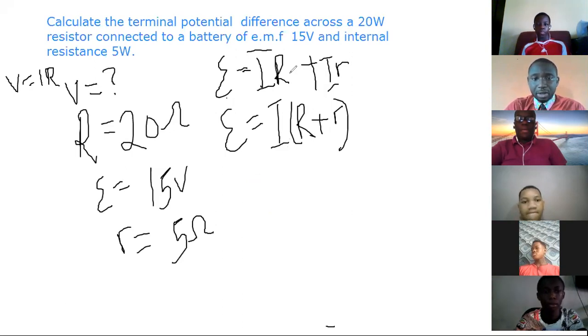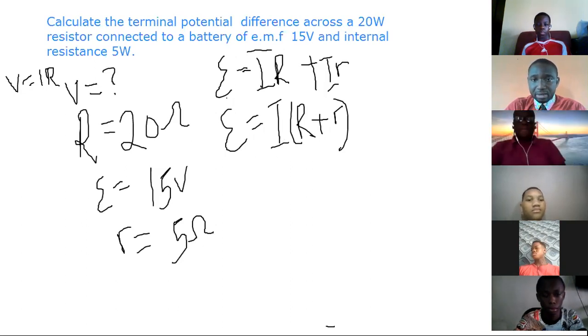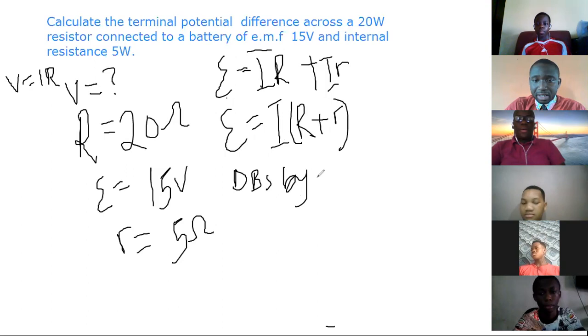We are looking for I. To make I the subject of the formula, we divide both sides by R plus r. Then I will be equal to E over R plus r.